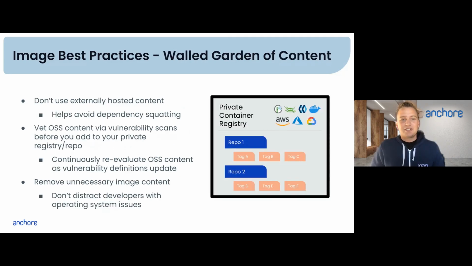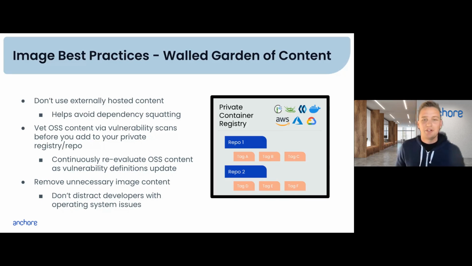This next one talks about building a walled garden of content. So don't use externally hosted content. When you're pulling from external hosts, a lot of times people can push fake packages in there. If I was pulling OpenSSL or something like that, someone could drop an extra L in there and then you'd pull that in, or something like that can exist with Python packages.